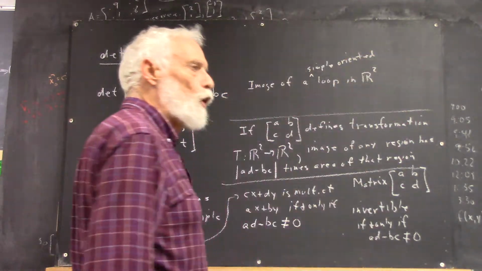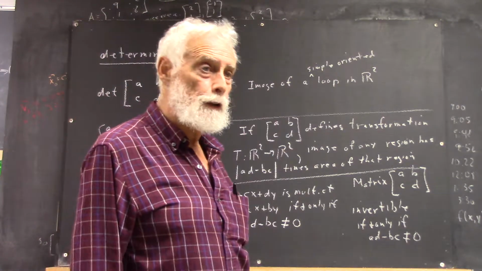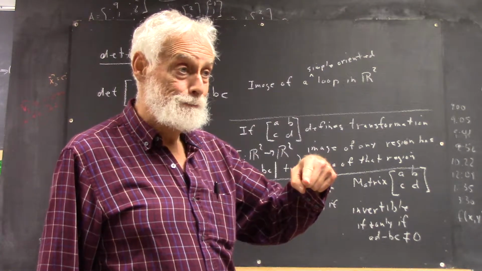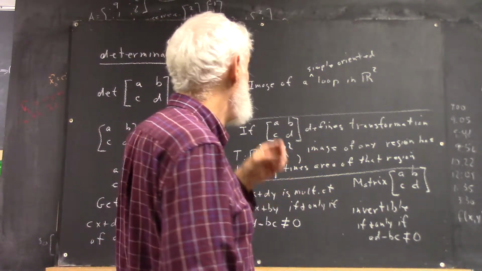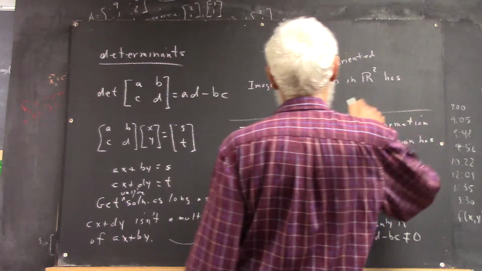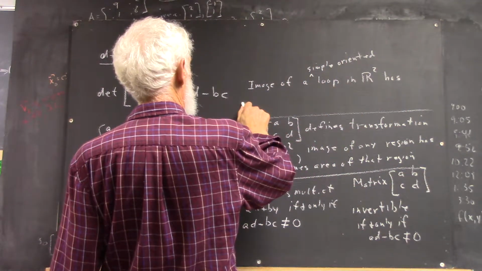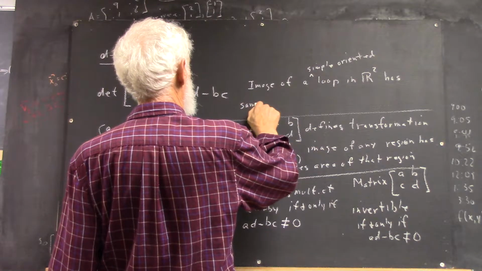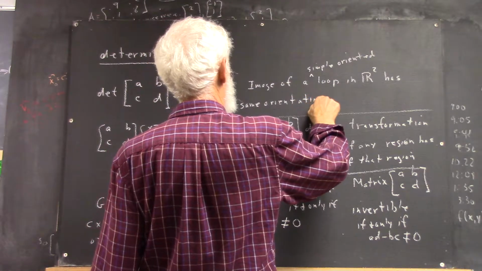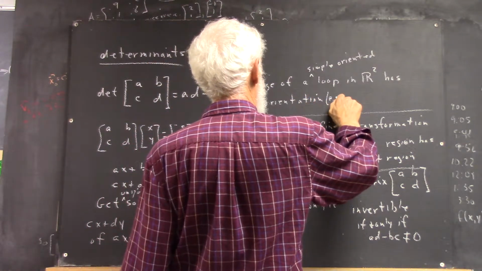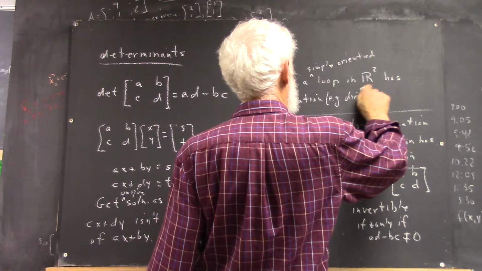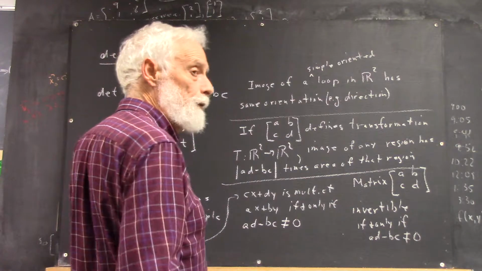And I'll say a simple oriented loop. By oriented, I mean you have some direction that you go around this loop. Okay? And I'll say the same orientation, same direction.